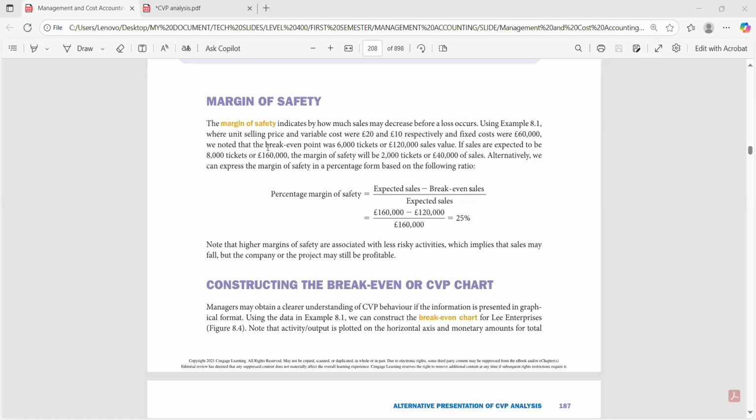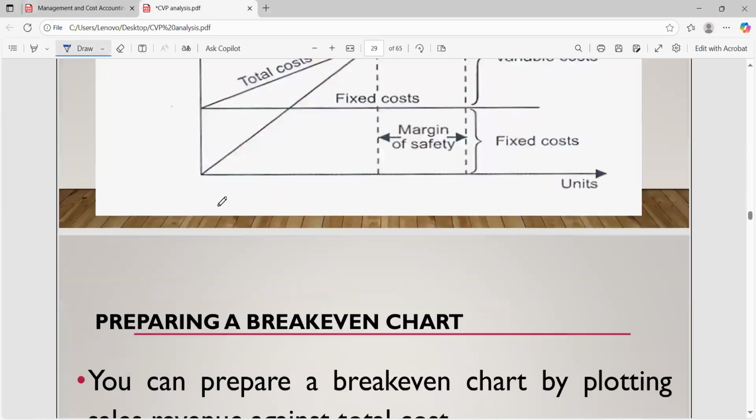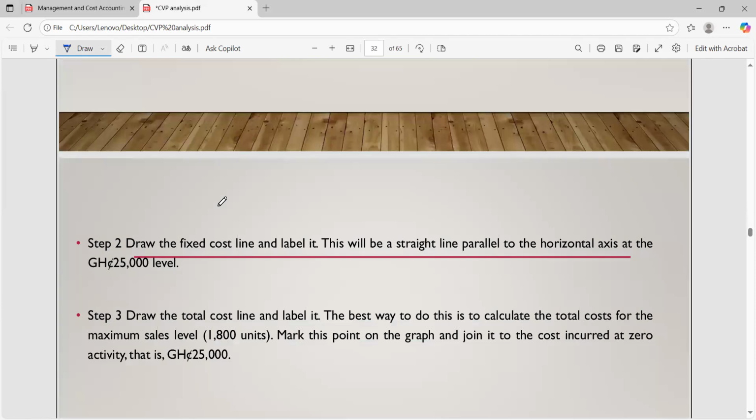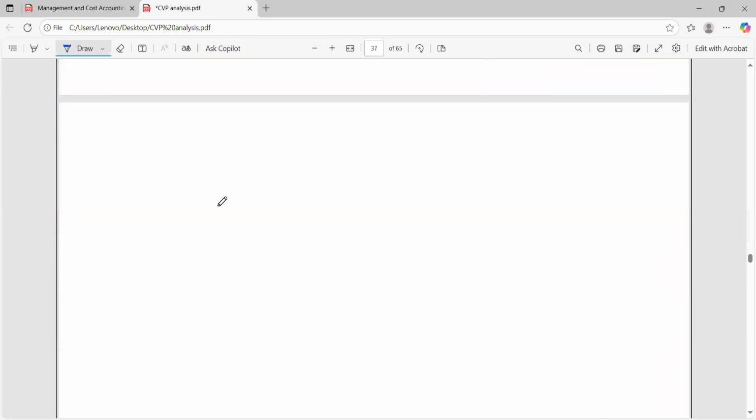So it says that the margin of safety indicates by how much sales may decrease before a loss will occur. Using the example that has been stated in this question, where the unit selling price and the variable cost were this and this, respectively, the fixed cost were this, you can actually solve it. Let's go here. It's the same thing I'm going to teach you right here. Okay, so let's come here. Margin of safety.